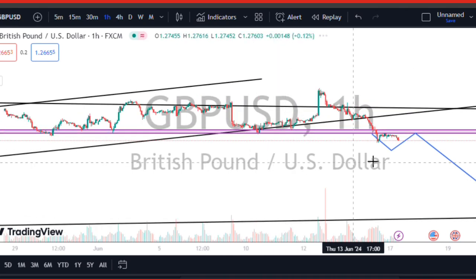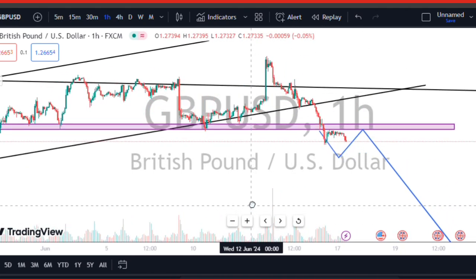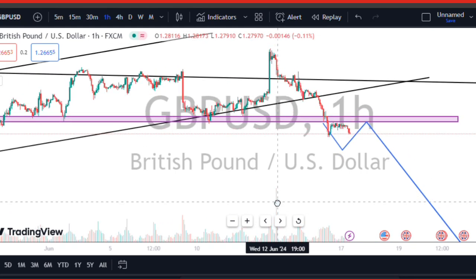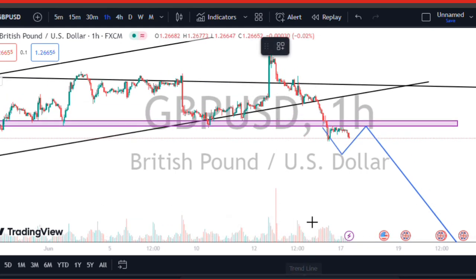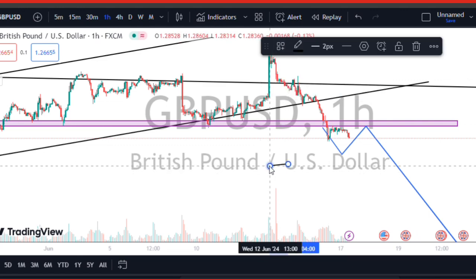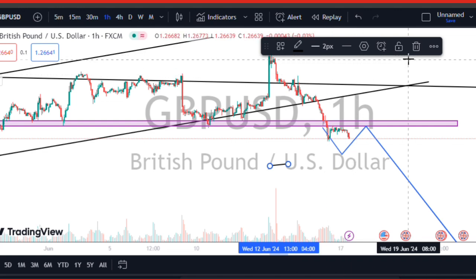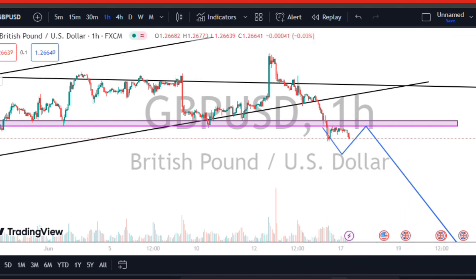So I will go to a 1-hour time frame just for confirmation. As you can see, this is a 1-hour time frame. On the 1-hour, we can also draw our trend line from this point up here. Let me extend it. We can draw our trend line, guys, from this point.